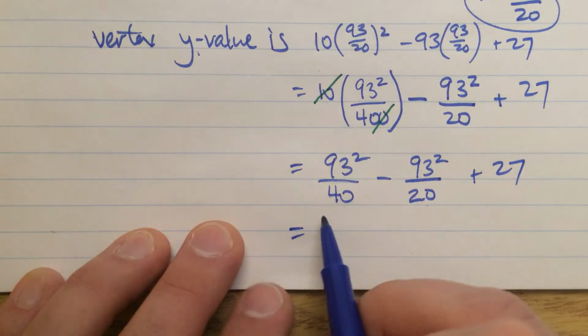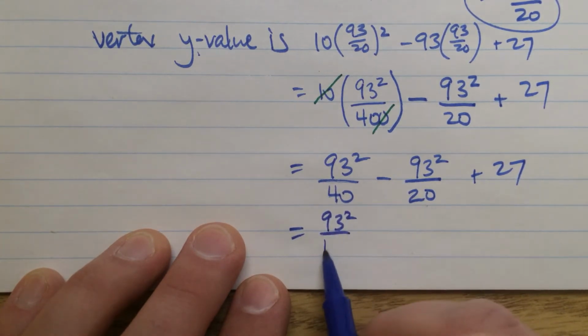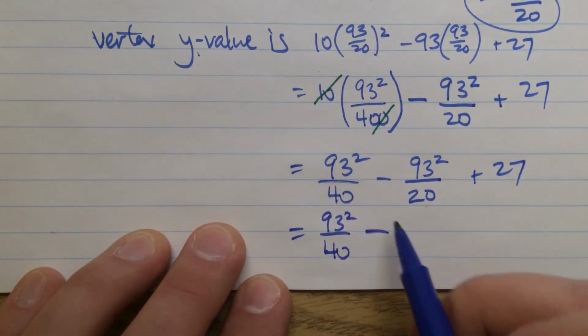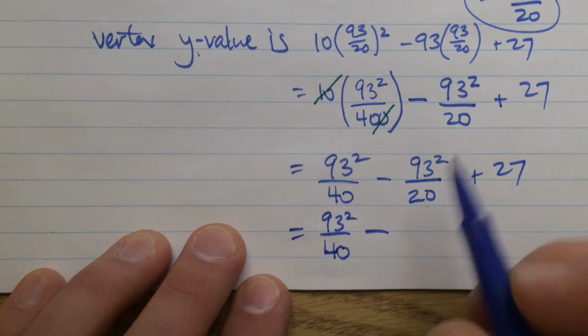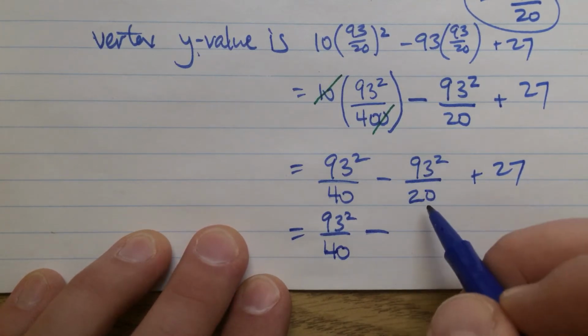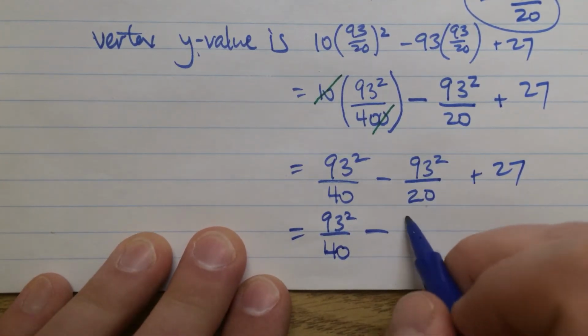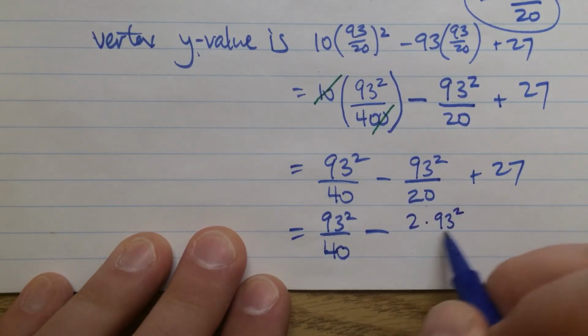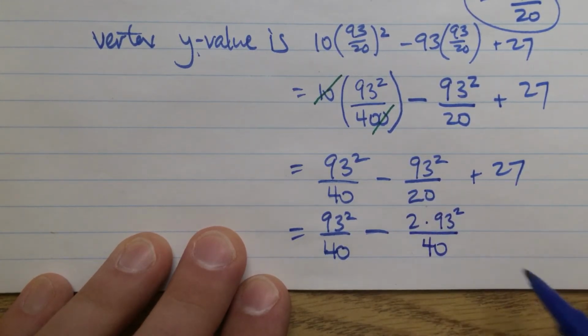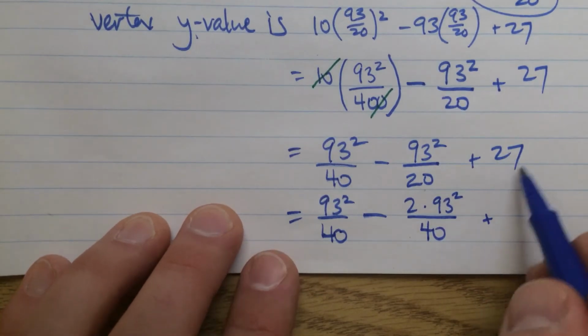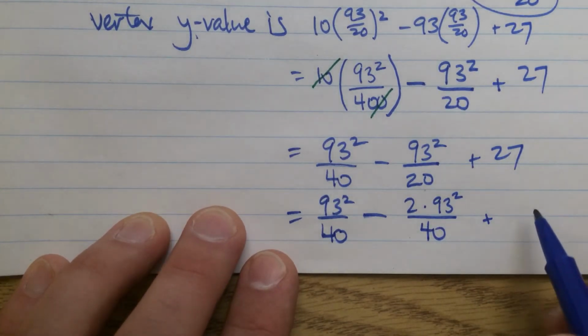Or you can notice here, doing a little common stuff, to get a denominator of 40 for both of these, I can multiply the top by 2 and the bottom by 2. 2 times 93 squared over 40. And you know what? Let's get this last one with a common denominator of 40.